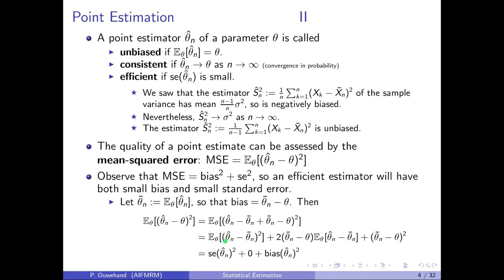This is the a squared term, the 2ab term, and the b squared term. And then we observe that the expectation of this random variable over here is just this. So the middle term is 0. The first term is just the standard error squared, and the last term by definition is the bias squared.